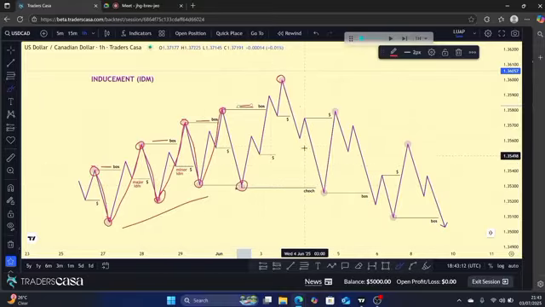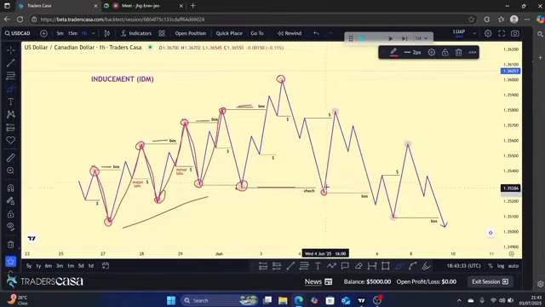And now when price breaks past the previous higher low with a candle close or with some displacement, then price will have made a change of character, and this is the first signal that price is changing bias from bullish to bearish.